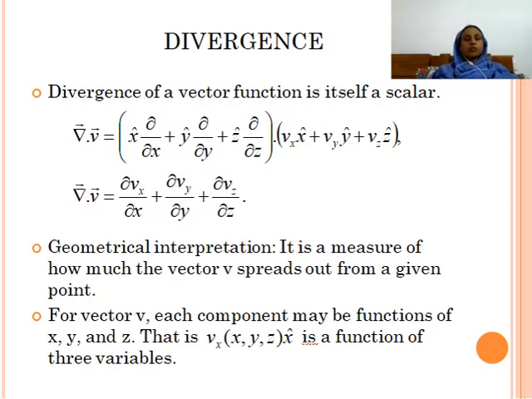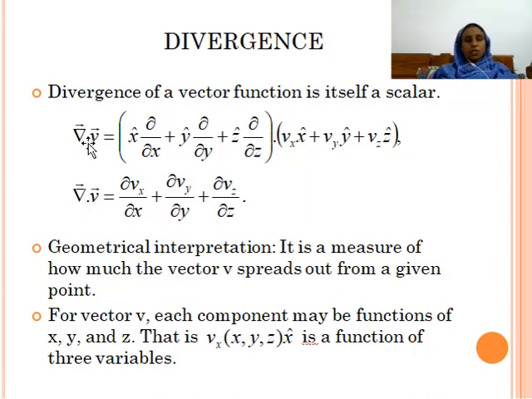Now we learn about this divergence. Divergence of a vector function is defined as del dot v. So here this differential vector operator acts upon another vector, not on a scalar. Here vector v is another vector. So this differential vector operator acts upon another vector through dot product.